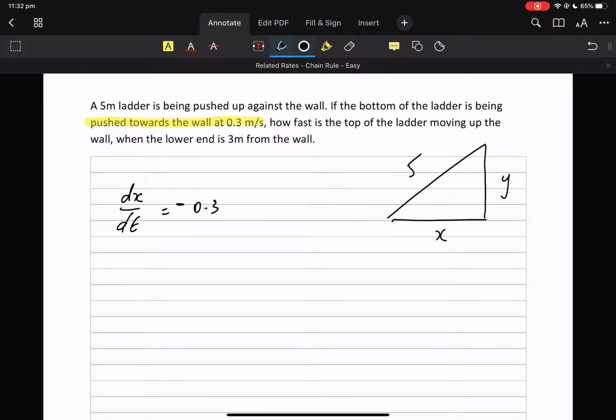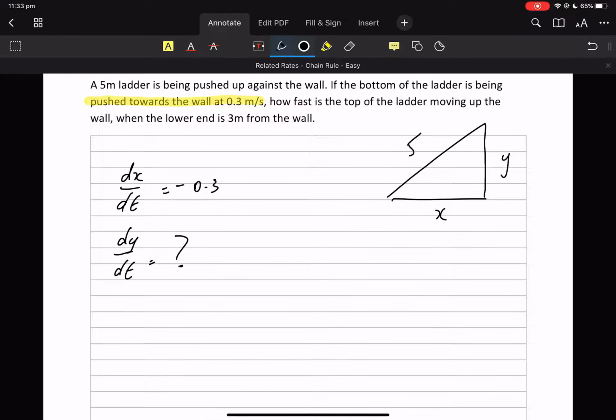So I guess that's minus because it was getting smaller. We want to find how quickly it's going up the wall. So that would be dy/dt is what we want to find. So let's see if we can find out what we're going to do here.